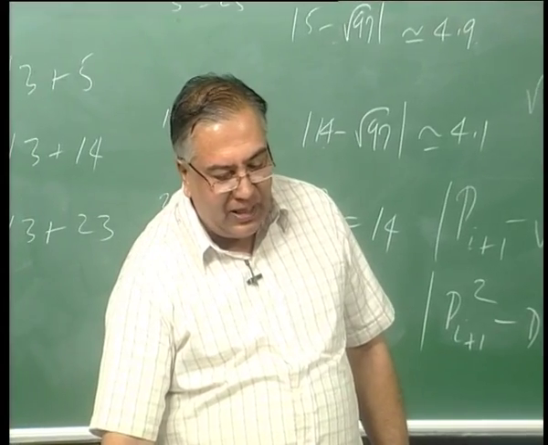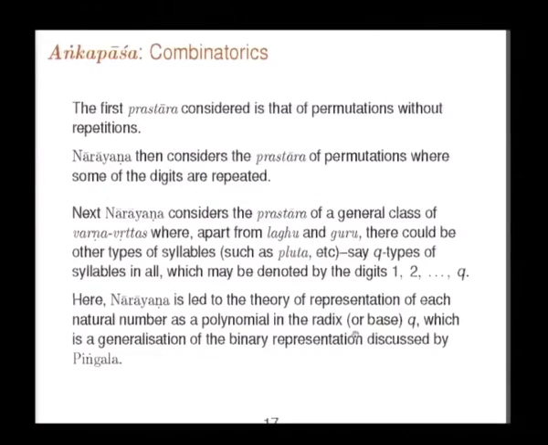So, this is the mathematical formulation of all the known Prastara problems in terms of digits. So, q digits, p places, Prastaras are done under various conditions. The first Prastara is a permutation without repetition, then he considers Prastara of permutations where digits are repeated.